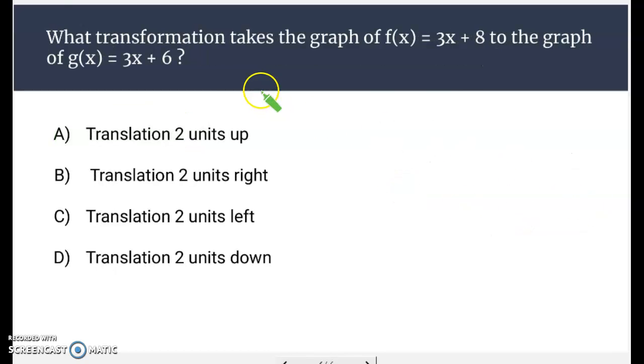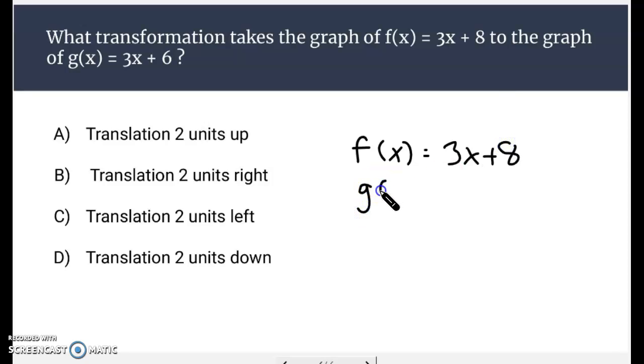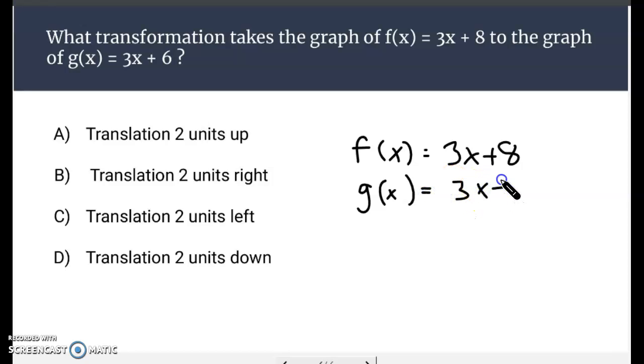And then lastly, it's kind of a comparison here. So we have f of x. Let's compare these two functions. What transformation takes the graph of f of x, which is 3x plus 8, to the graph of g of x, which is 3x plus 6? Well, let's have a look at each of these item by item so we can see that comparison. Here's g of x, and writing these right on top of each other, you might see this a little bit better. 3x plus 6.